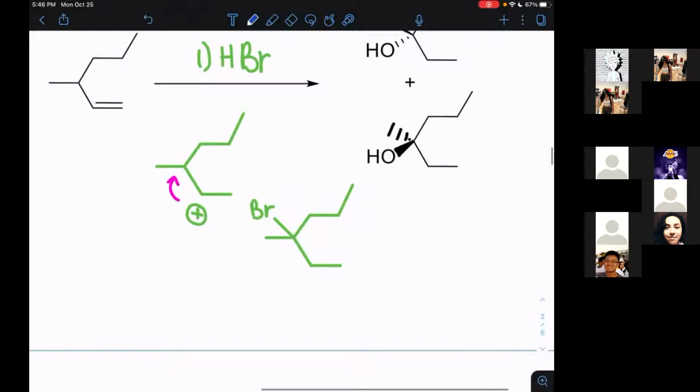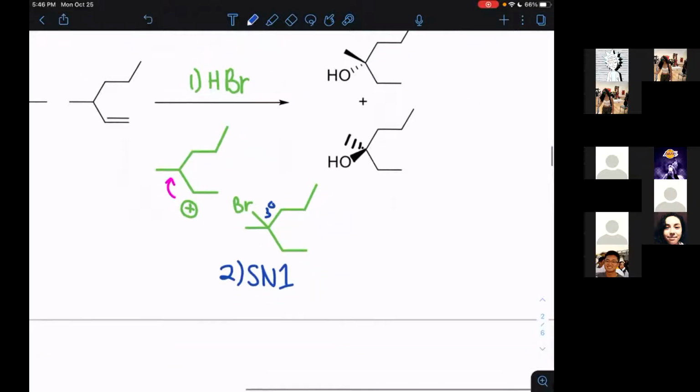So from here, step 2 is going to be, this is a 3-degree one, so that's SN1, right? Yes.